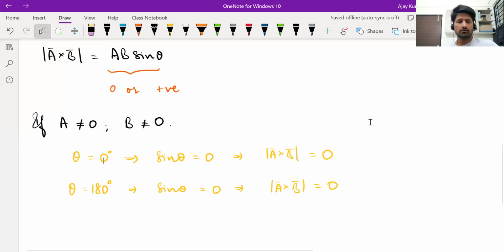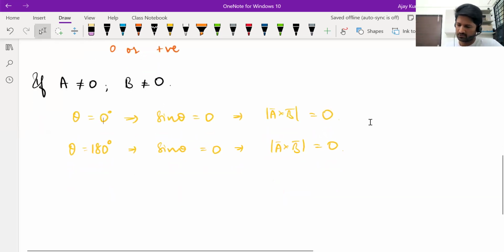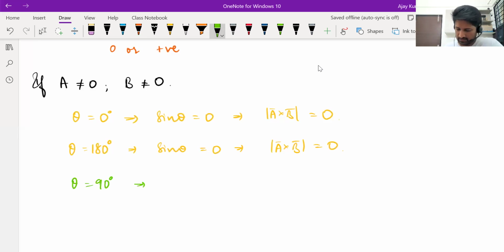When will the magnitude of a cross product be maximum? For which angle? Aishwarya, don't answer. Pawan or Rishi, you tell. For which angle will A cross B's magnitude be maximum? Sir, when theta is 90 degrees, sir. Okay, correct. Theta is 90 degrees. Then in that case, sine theta is 1.